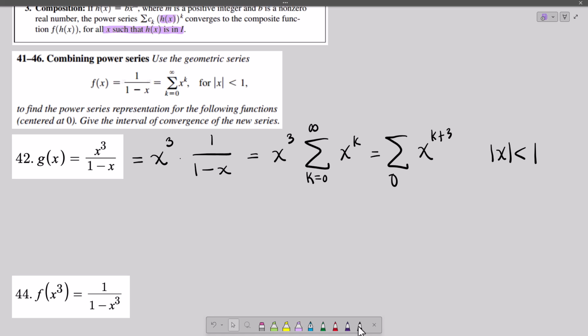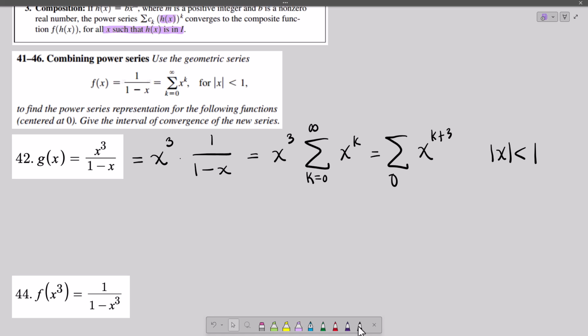When you go to form the ratio, both a sub k and a sub k plus 1 will just have an extra 3 powers of x, which will just end up canceling anyway. Or you can say, hey, well, a sub k plus 1 is going to be x to the k plus 4. And down in the bottom, you have an x to the k plus 3, and that's all going to reduce to just x.